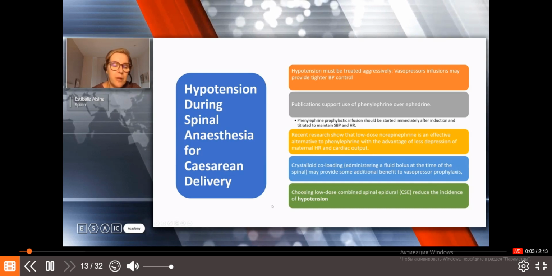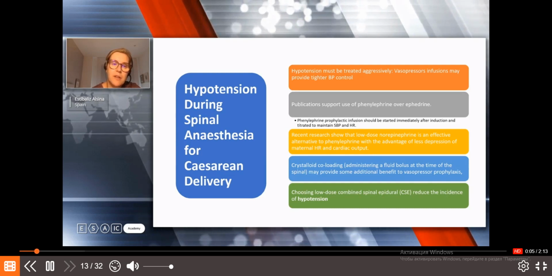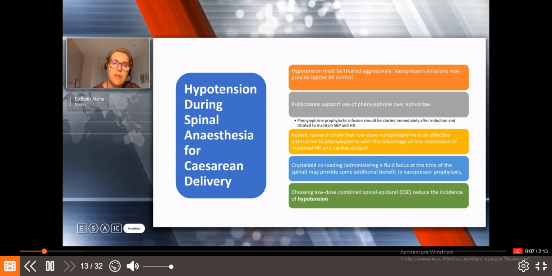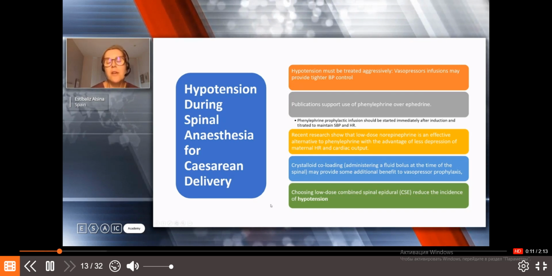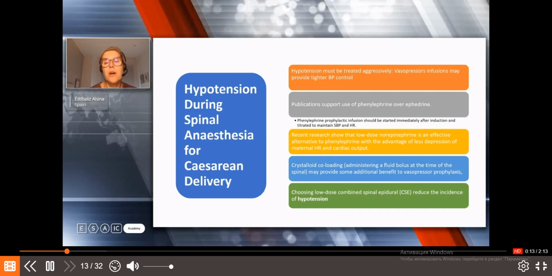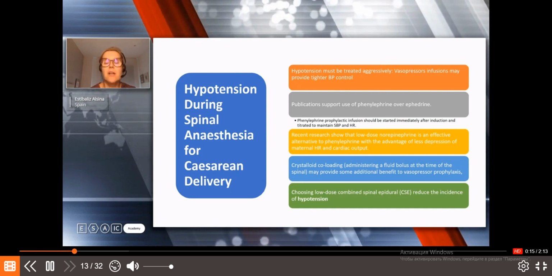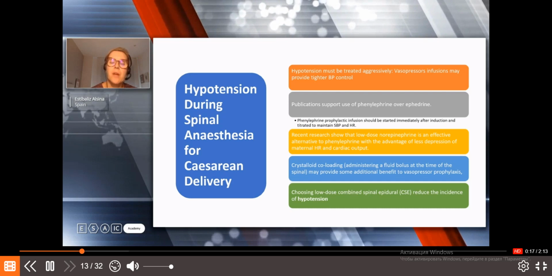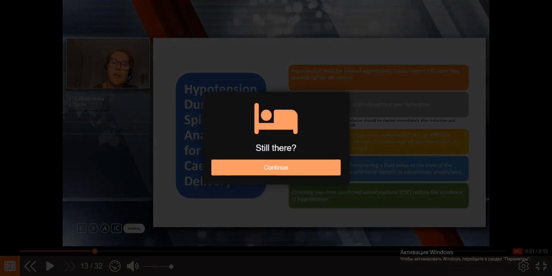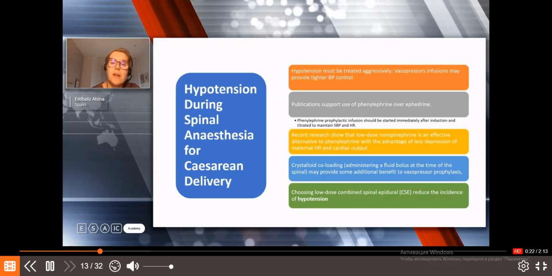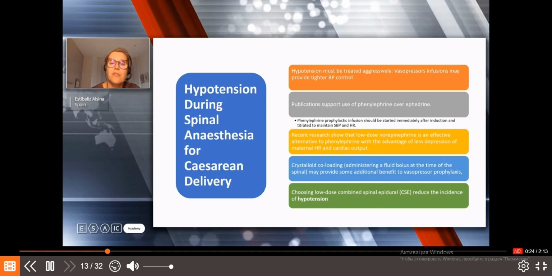The main problem with regional anesthesia for cesarean delivery is hypotension. So we have to avoid hypotension because the placenta has no autoregulation, and the fall in blood pressure will mean a fall in the flow to the fetus.